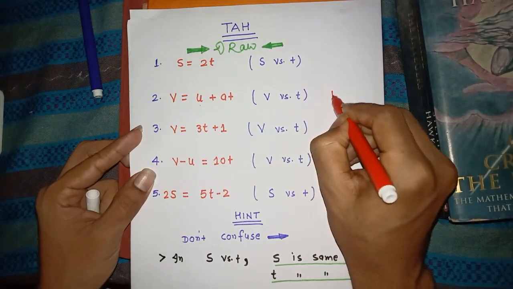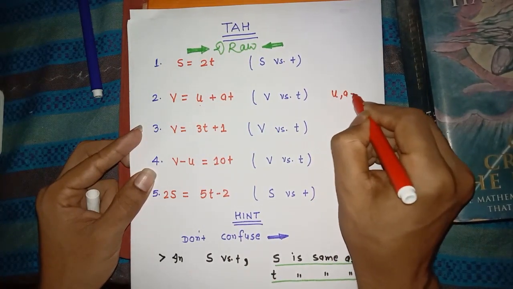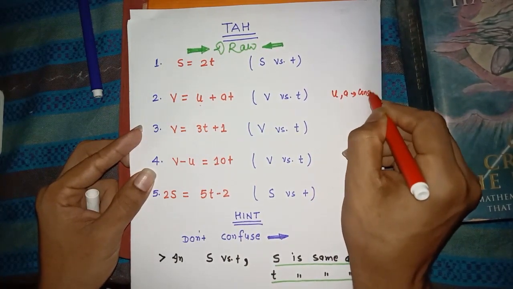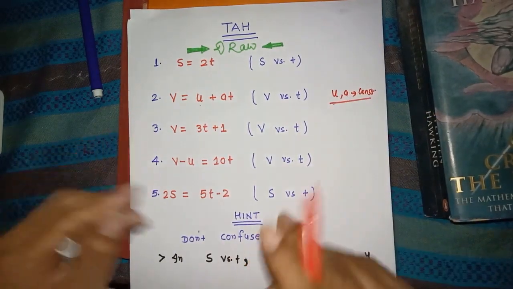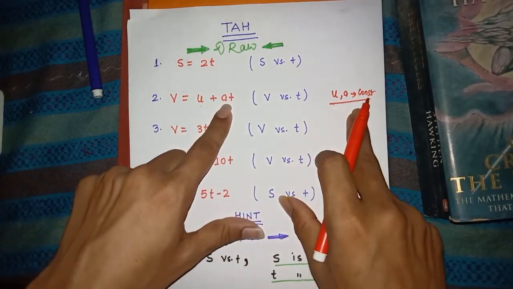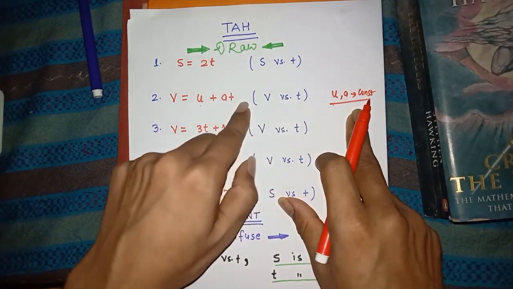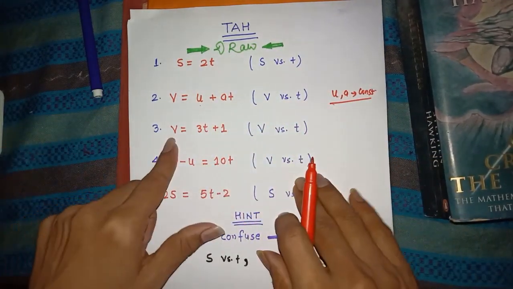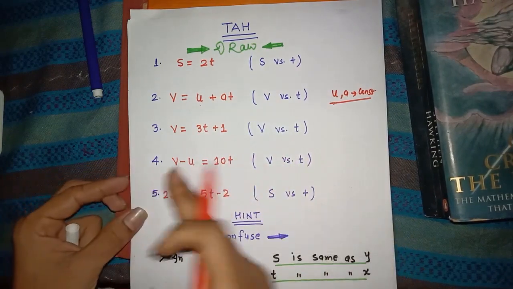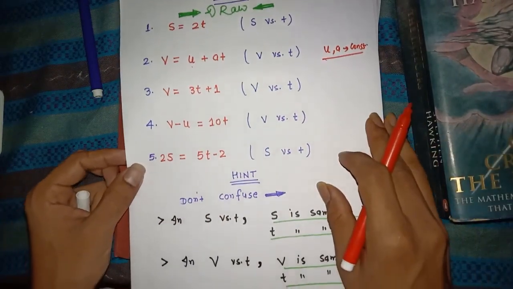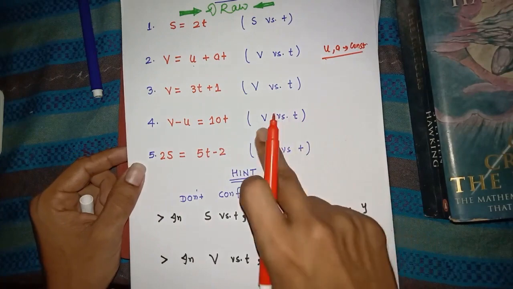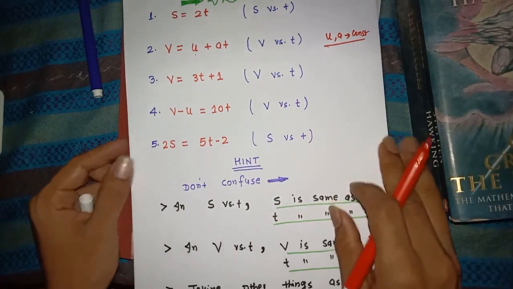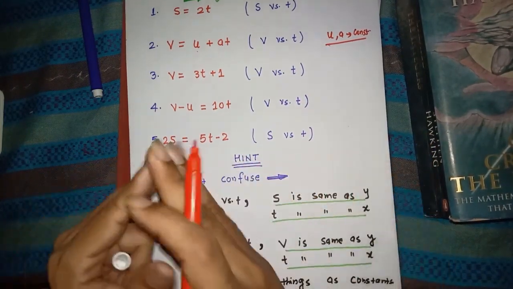Here you have to take u and a as constants, like a number. Have you got my point? So take u and a as constants, but v and t as variables. You have to take them as y and x. So here v equal to 3t plus 1, or v minus u equal to 10t. This kind of thing you have to draw: v versus t and s versus t.